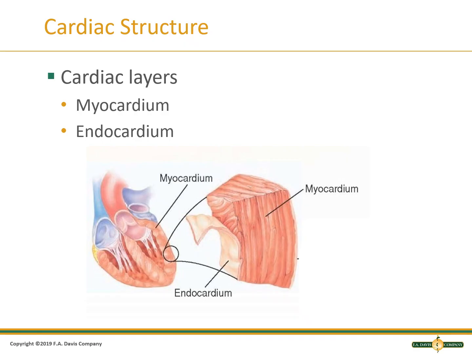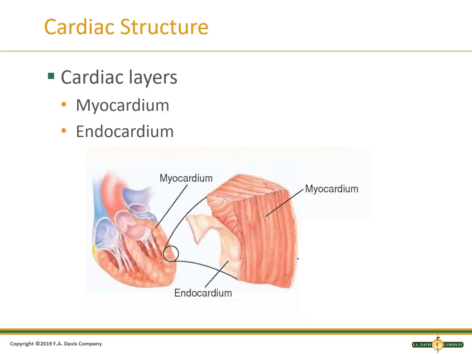Your smooth epithelial tissue, called endocardium, lines the four chambers, covers the valves, and continues into your blood vessels. This smooth epithelial tissue, called the endocardium, is on the inside of the heart.